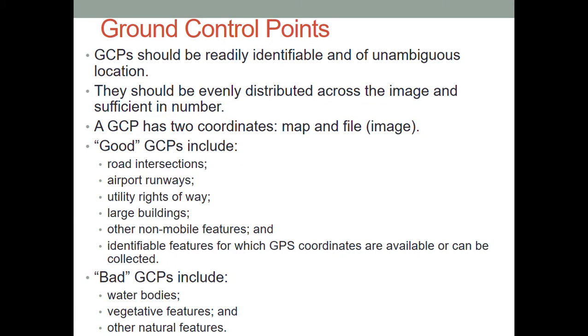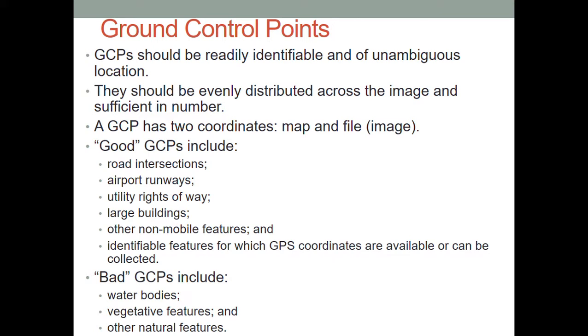And what are GCPs, or ground control points? Ground control points should be readily identified. You use any features, any landmark that is visible. You get the coordinates and it becomes a main reference for you to register your image and ensure that your coordinates are accurate.